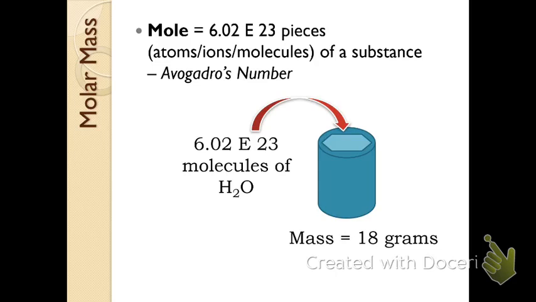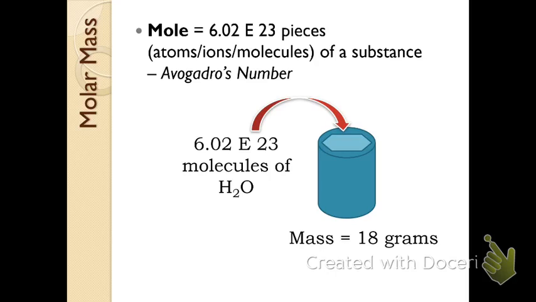If I take 6.02 E23 of the cobalt, remember we did the cobalt? If I take 6.02 E23 atoms of cobalt and put them on a scale, I am going to get a mass that will round to 59 grams for that mole.